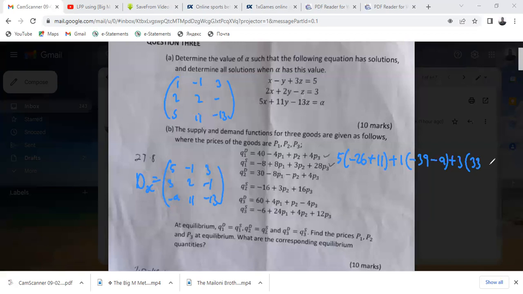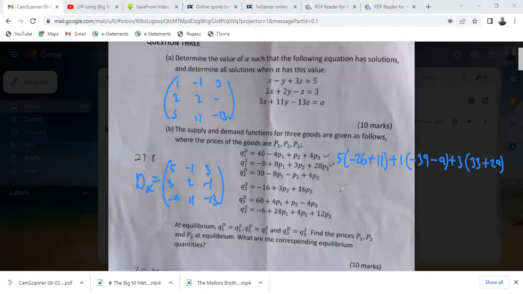Then that's positive 2a, so it will be positive 2 here. So when you write this, it will be an equation. Even when you go to the next one, it will be an equation. So you are going to solve that equation now.